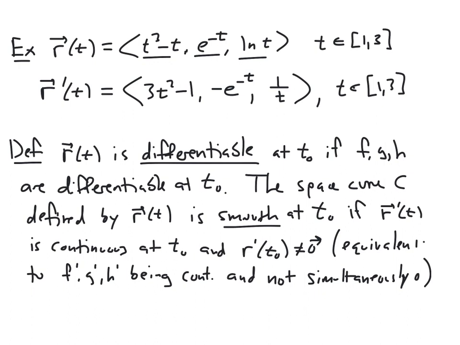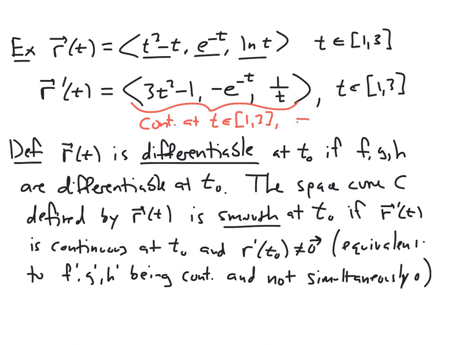And so r prime of t is continuous at any value between 1 and 3, and we also will not get the 0 value, or the 0 vector in this particular case between 1 and 3, because, for example, notice that both of the second and the third components are never going to equal 0. Right? So this will be continuous at every t in 1 to 3.